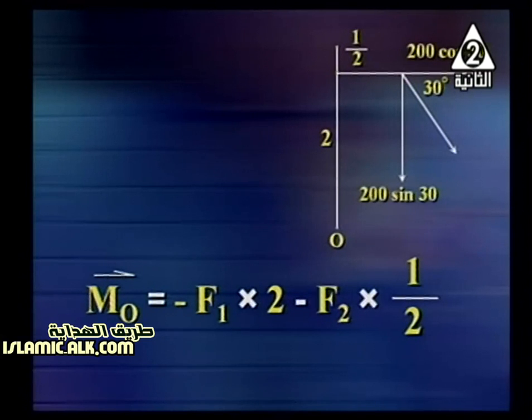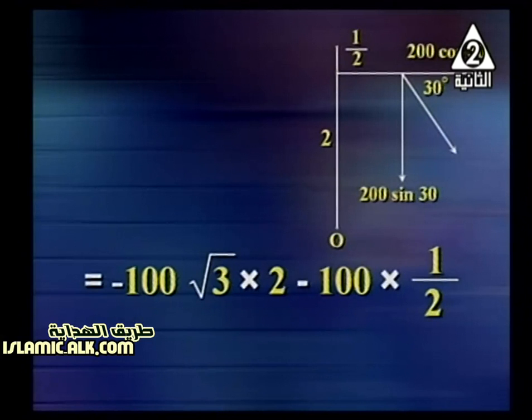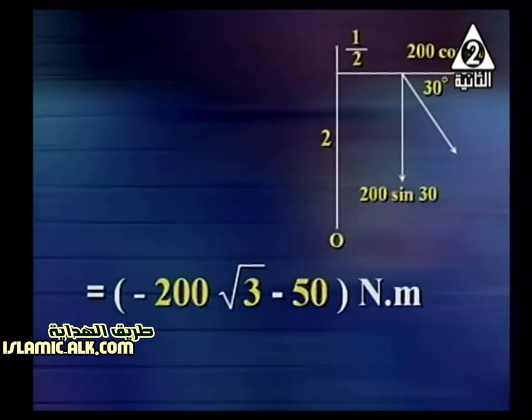Then by using the previous theorem, the moment is negative 100 root 3 times 2, this is F1, minus 100 times 1 over 2, this is F2. The answer is negative 200 root 3 minus 50 Newton meter. This is the moment about the origin point.